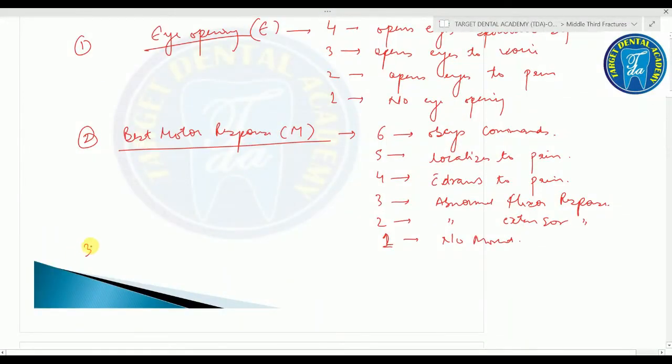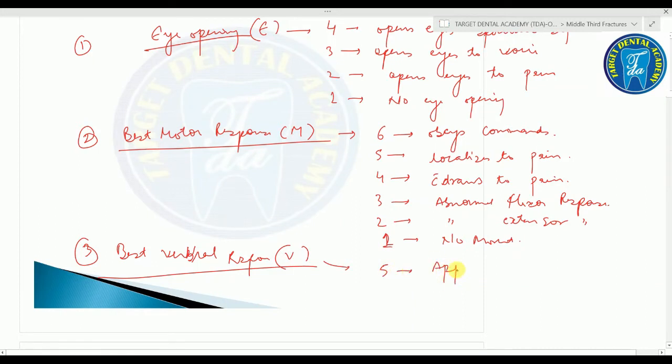Right? And third and the last one is your best verbal response, which is denoted with capital V. Fine. So it consists of 5 scales, in which scale number 5 is appropriate and oriented. 4 is confused conversations.